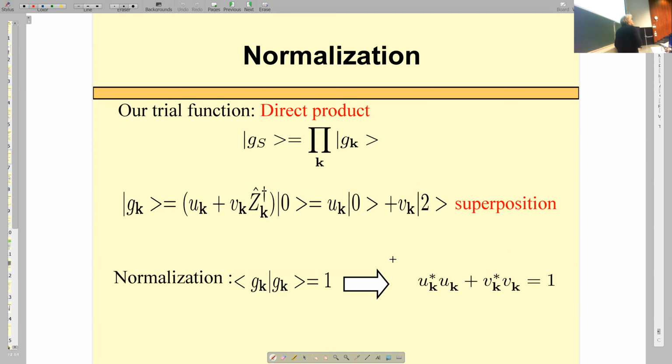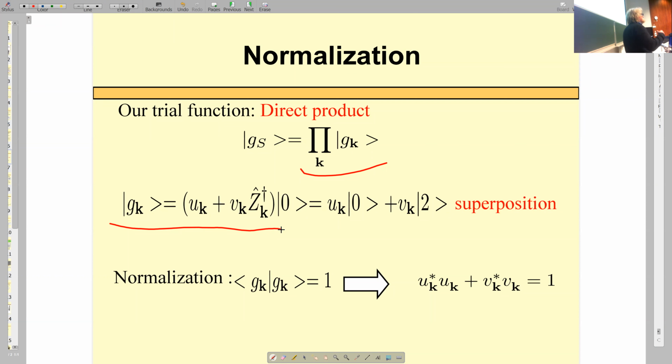In order to make it good, I've got to normalize this wave function. But well, as far as I'm concerned, it is simple. Why is it simple? This wave function is a direct product of wave functions in different number blocks. So I only have to normalize it in each block. This is what I want to normalize.